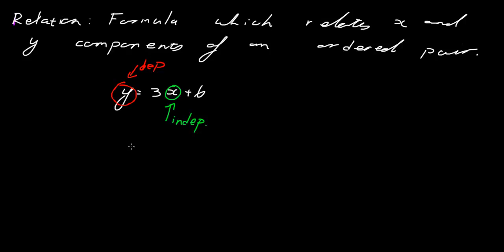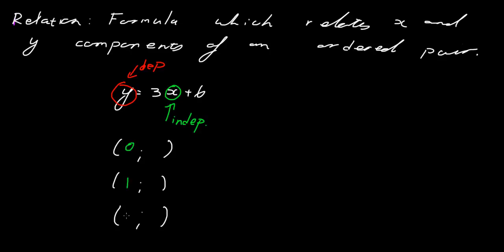So, let's generate a couple of ordered pairs. Let's select some independent variables and see what they did in your book. The independent variables they selected were 0, 1, and 2.